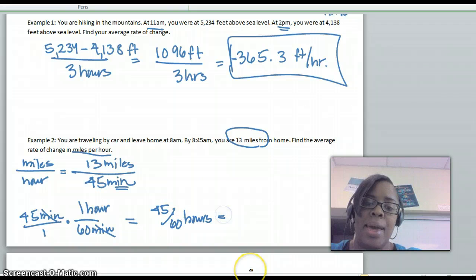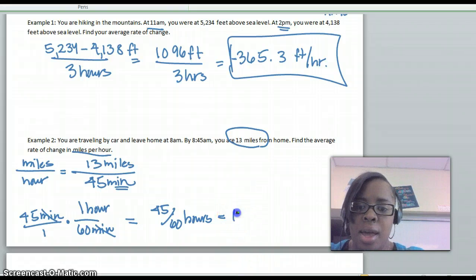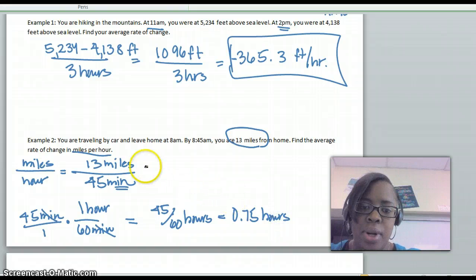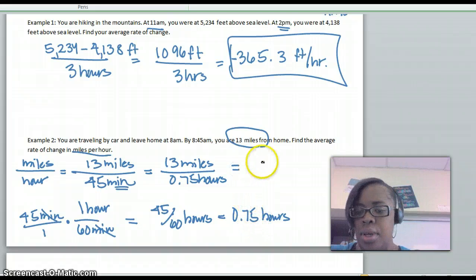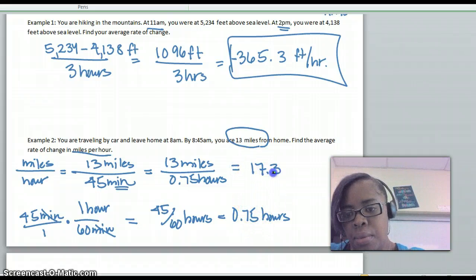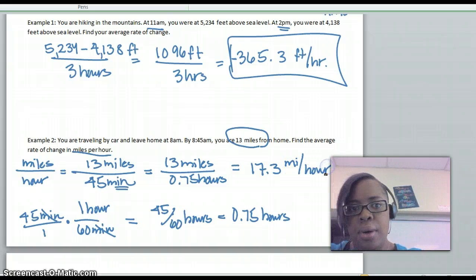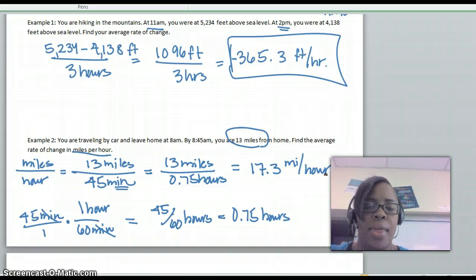I would use my handy dandy calculator and find out that that is 0.75 hours. Actually, I wouldn't because I know that by heart. 13 miles over 0.75 hours. And then when you divide that out, you'll get 17.3 miles per hour. And that is that.